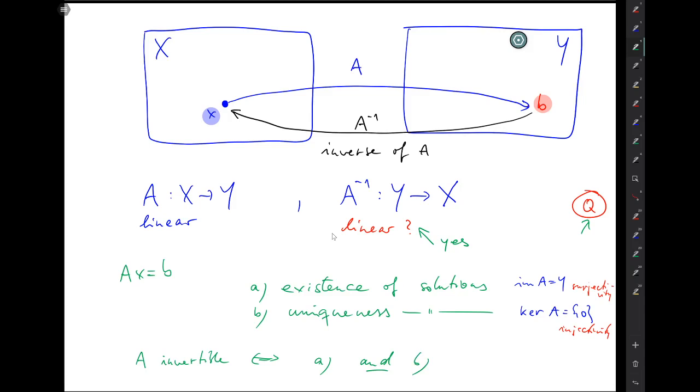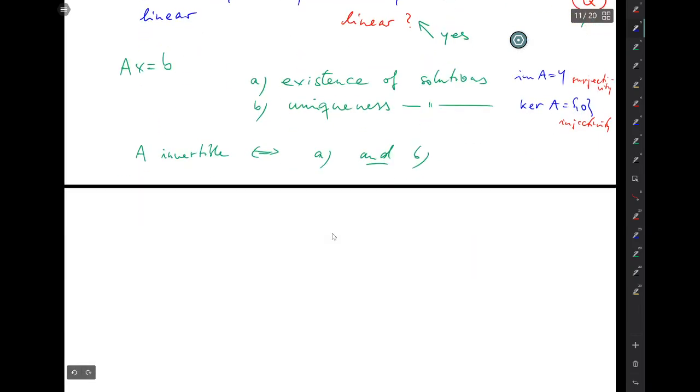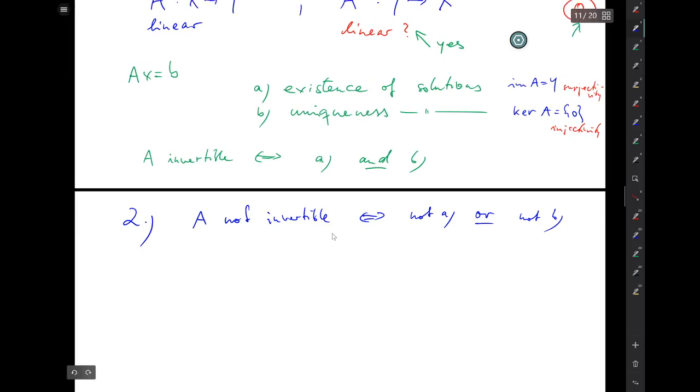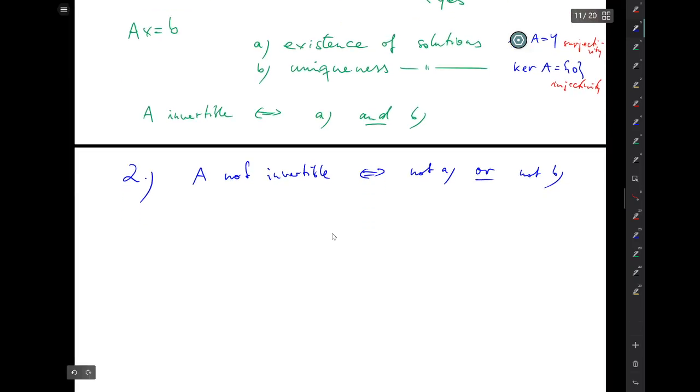Right, now let's come to a situation where A is not invertible. And let me start this with number 2. So A not invertible would mean not both (a) and (b), so it's not (a) or not (b), right? What do you do then? How can you still try to solve the equation?